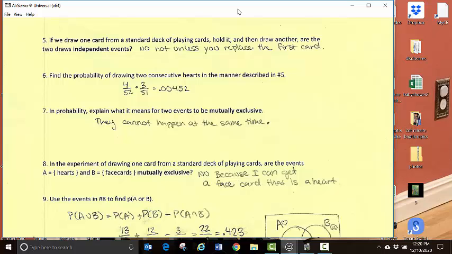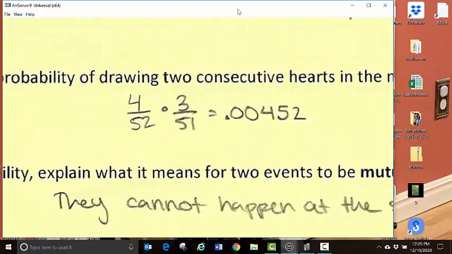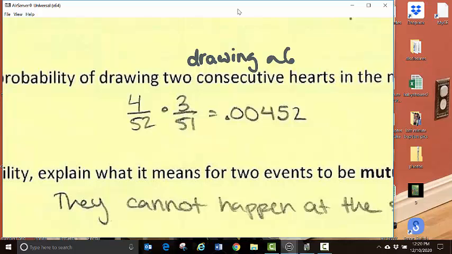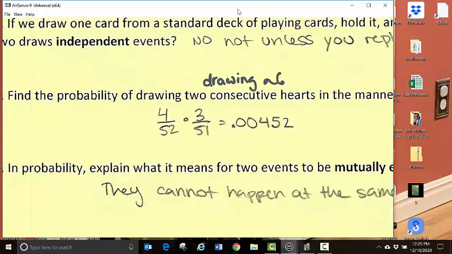Do you guys agree with what I've got going on right here? What's the probability of getting a heart? It's not 4 out of 52. How many hearts are in a deck? 13. This would be the probability of maybe drawing a 6, because there are 4 6s. So let's change that. The heart would have been 13 out of 52 times 12 out of 51.